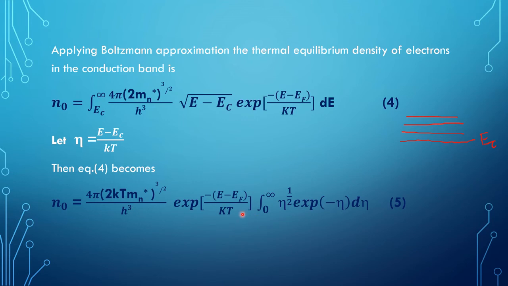In the integration part, the upper limit is infinity and the lower limit is 0. So we write eta to the power half, exponential minus eta, d eta, which is represented by equation 5.